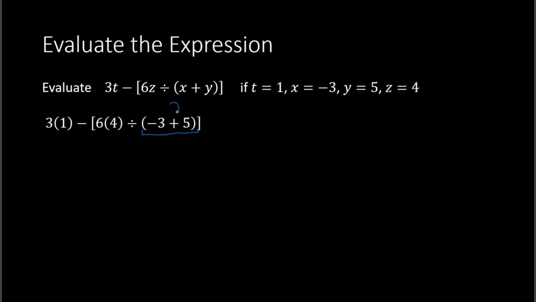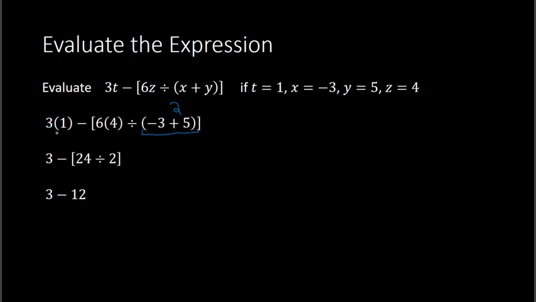So this is 2. Alright, once you do that, now you can work with multiplication and division within the brackets. So 6 times 4 would give me 24. Okay, and I guess we've done the 3 times 1 as well. That's just going to be 3. But we have 24 divided by 2. Now that gives me 12.